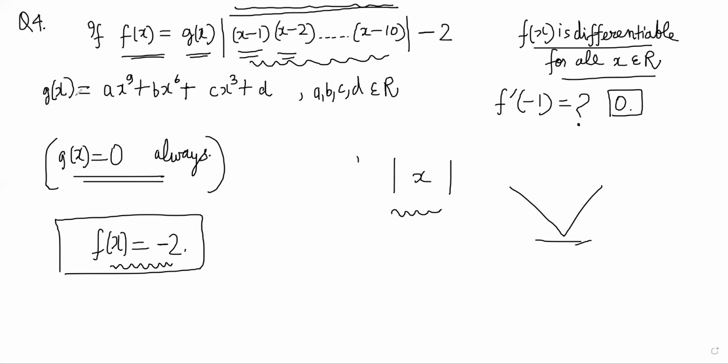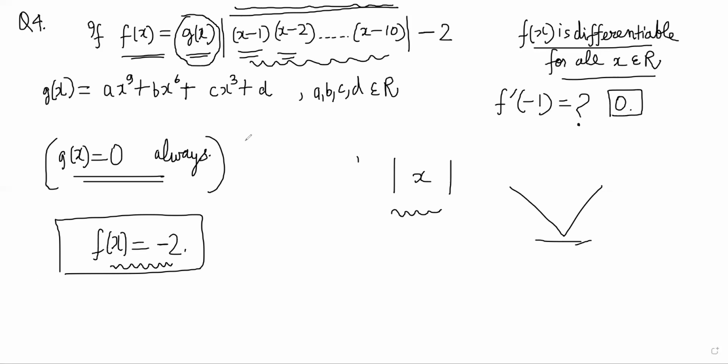You can't do anything here. You have to realize that whenever you multiply with a mod, it makes it non-differentiable. At 1, below 1 there will be a different sign, above 1 there will be a different sign. So if you have to remove the non-differentiability, you have to make this g x thing 0.